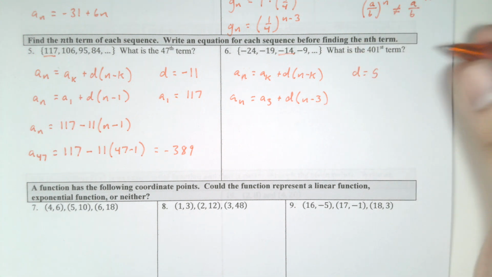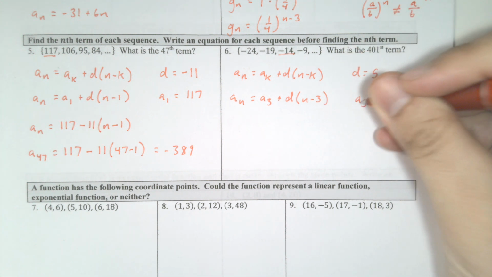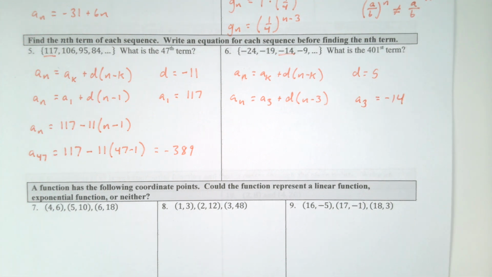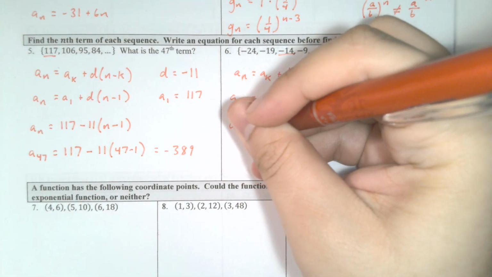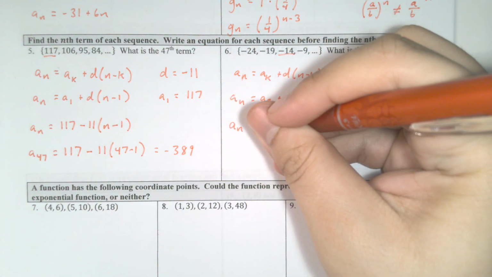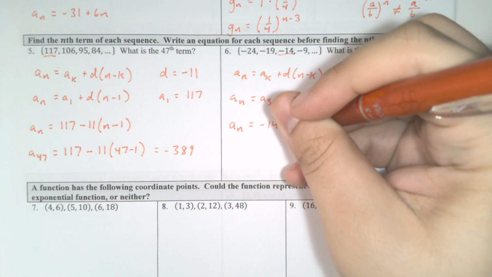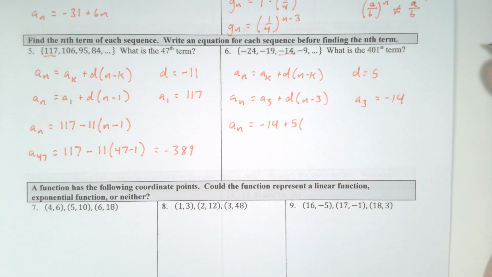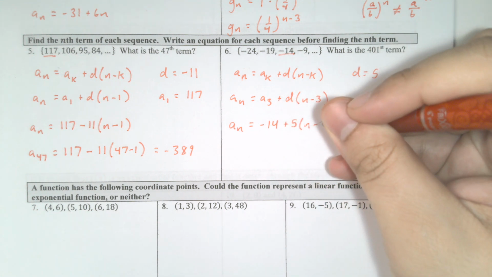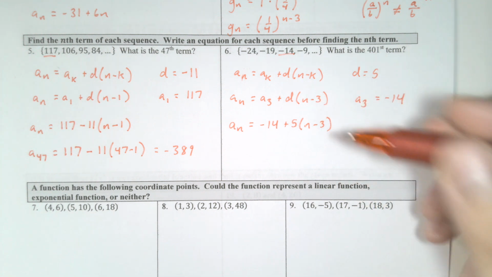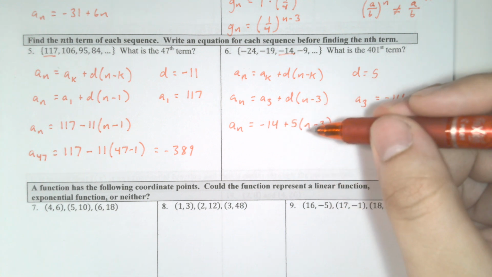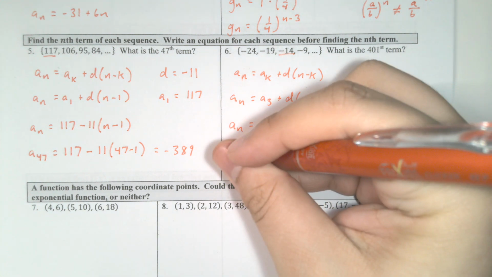But with that in mind, we see that a sub 3 is equal to negative 14. And so that means that a sub n is equal to negative 14 plus 5 times n minus 3. So this is our formula, and now if we're going to find the 401st term, we just need to replace n with 401.